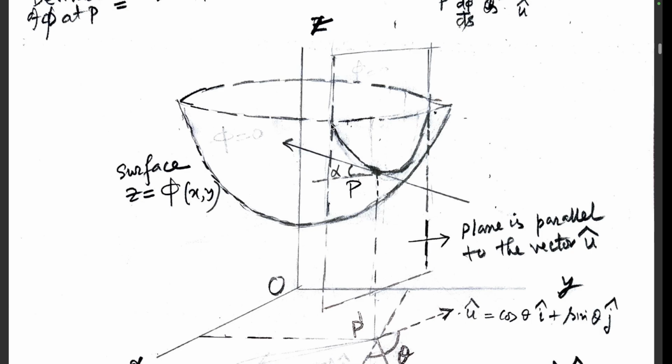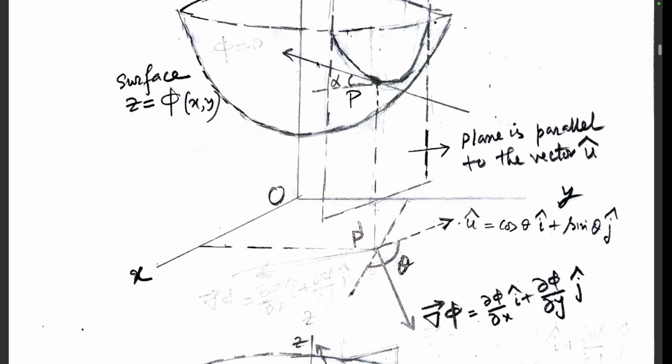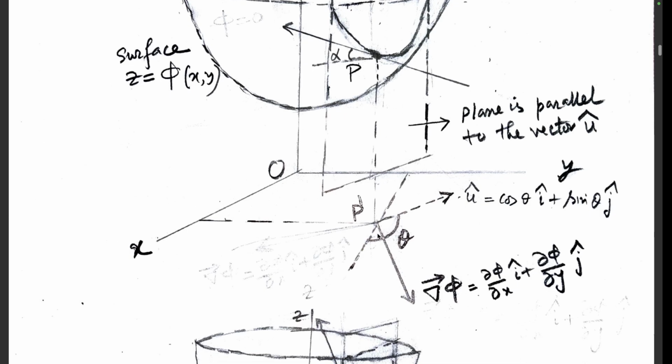This plane cuts the surface in this curve C at the point P. This is the tangent direction, which gives the directional derivative at this point. This is the projection of point P, and this is the direction of the x-axis. Theta is the angle between the x-axis and u cap, measured anticlockwise.